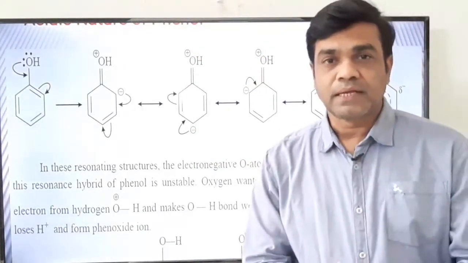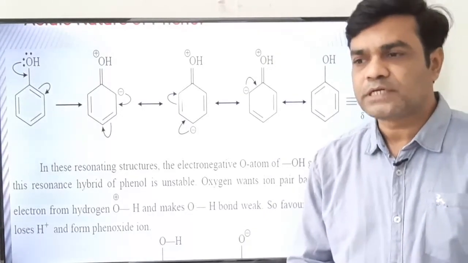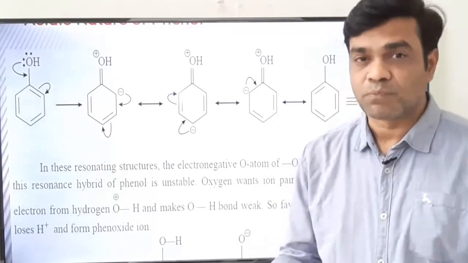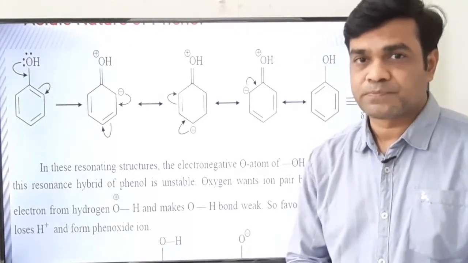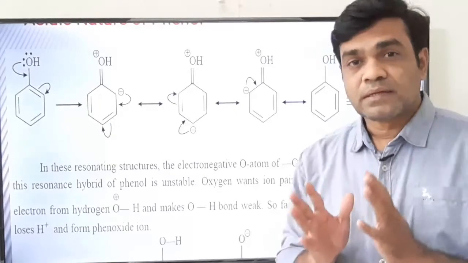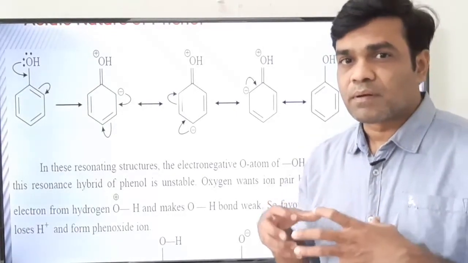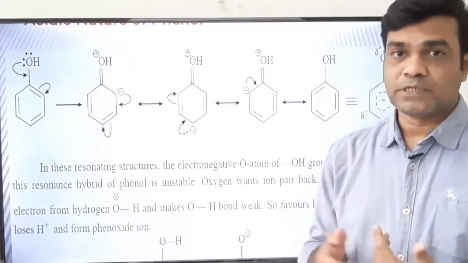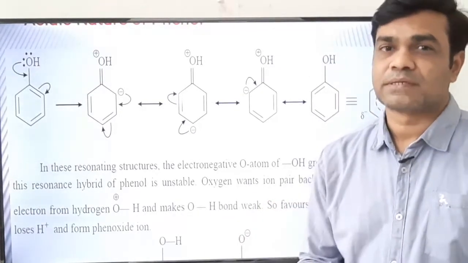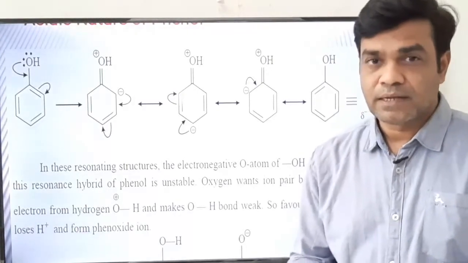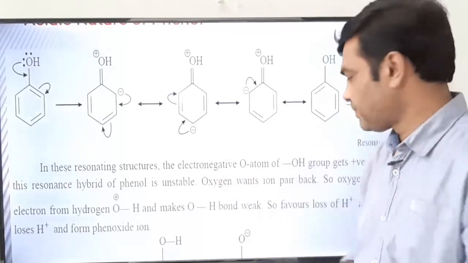And remember, the energy required to separate the opposite charges is more. In case of resonating structure, as the energy required to separate these 2 opposite charges is more, the stability of such a resonating structure is less. It means the resonating structures of phenol are less stable.